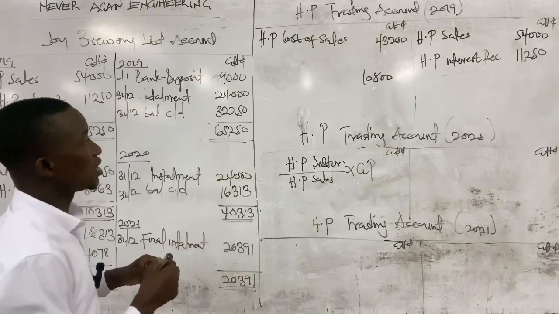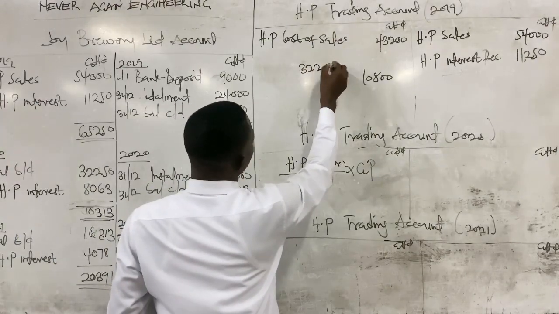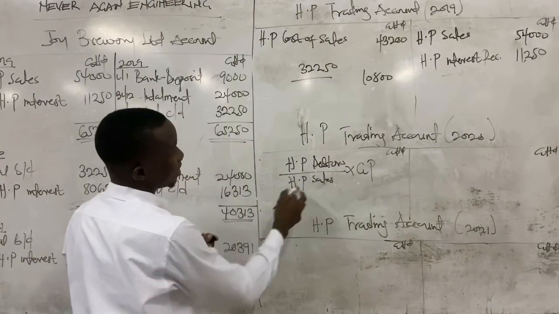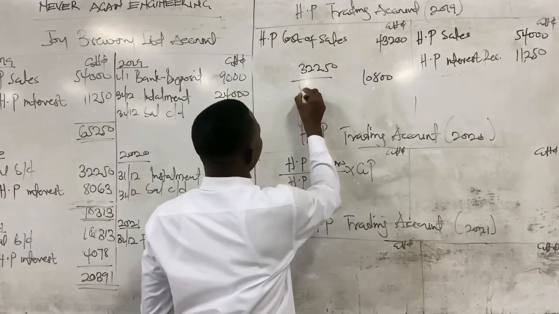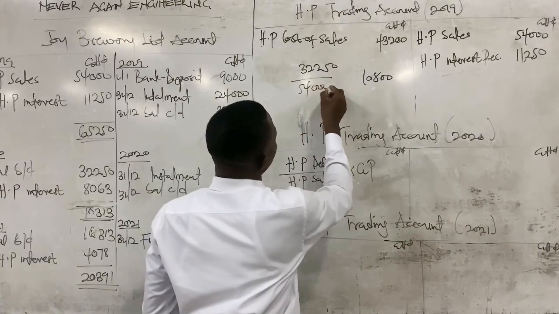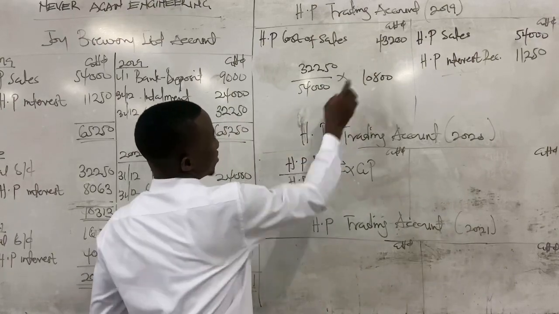So to determine that, we have 32,250 over the high purchase sales. The high purchase sales is 54,000. So divided by 54,000 multiplied by the gross profit.